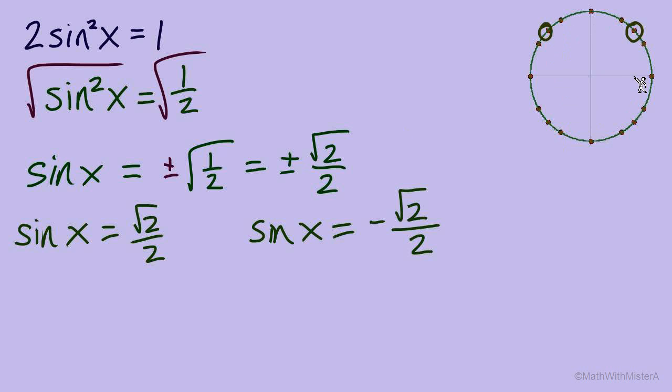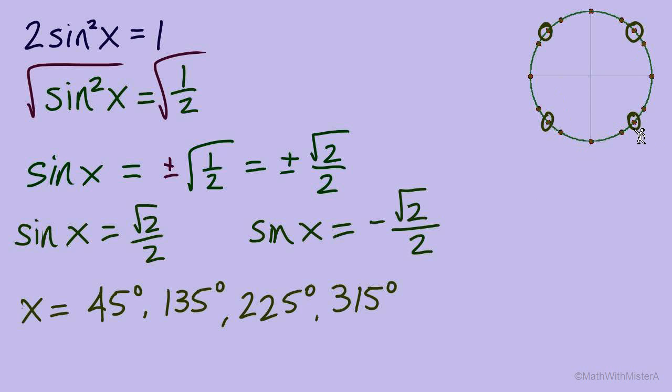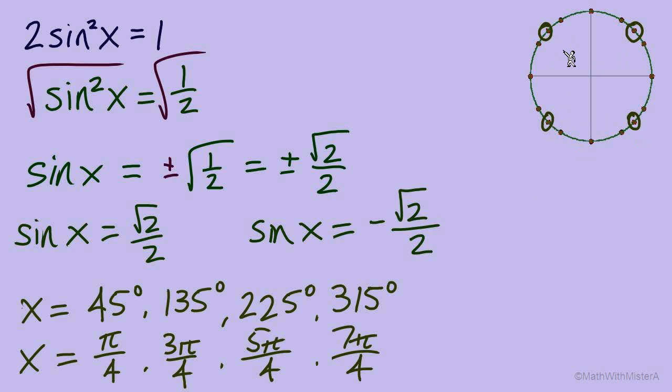A positive sine, so a positive y value, positive vertical component, would pick out these 2 points. With sine x equals negative radical 2 over 2, that's going to be our 2 negative y values. So those measurements are at 45 degrees, 135 degrees, 225 degrees, and 315 degrees. And in radians, pi over 4, 3 pi over 4, 5 pi over 4, and 7 pi over 4.